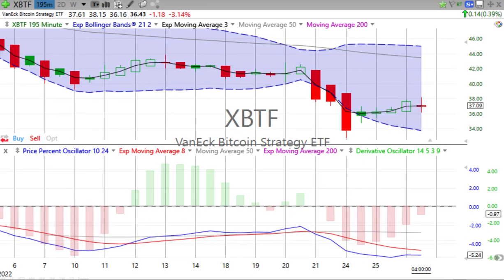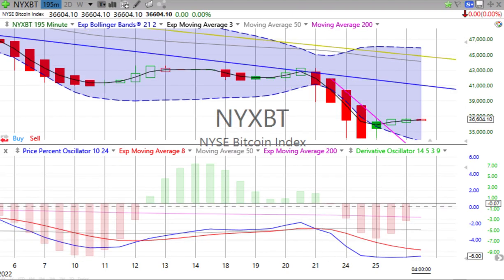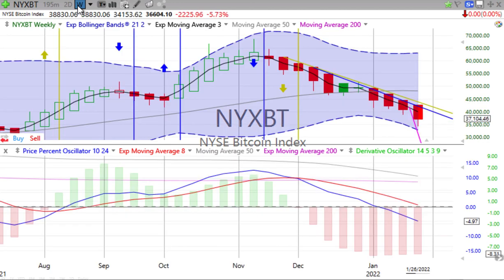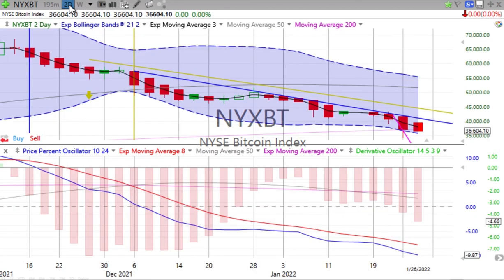But when we look at the highest charts, the last chart, up a mere 0.39%. So again, Bitcoin not doing much either. Lots and lots of downward pressure still there on the weekly and the 2-day. That's where we are, folks, as we end the day on Wednesday.